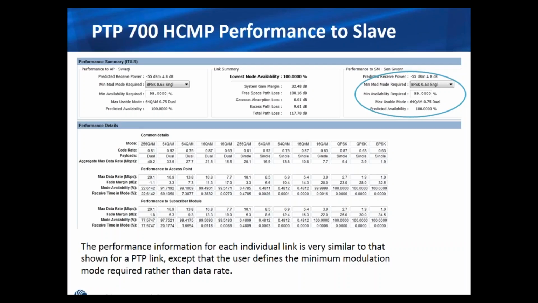The maximum usable mode is the highest maximum modulation mode that achieves minimum availability required. The performance details panel shows the data rate for each direction of the link for each modulation mode.